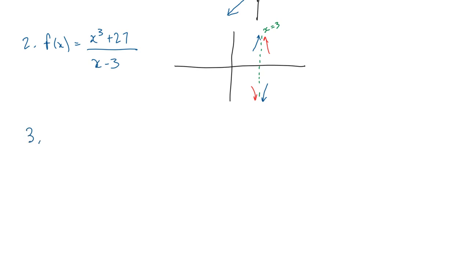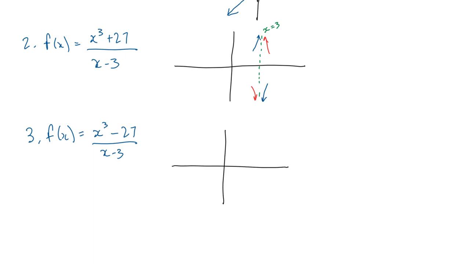And the last one was a hole. So it looks like a vertical asymptote, and some people in MHF have a hard time with that, right?